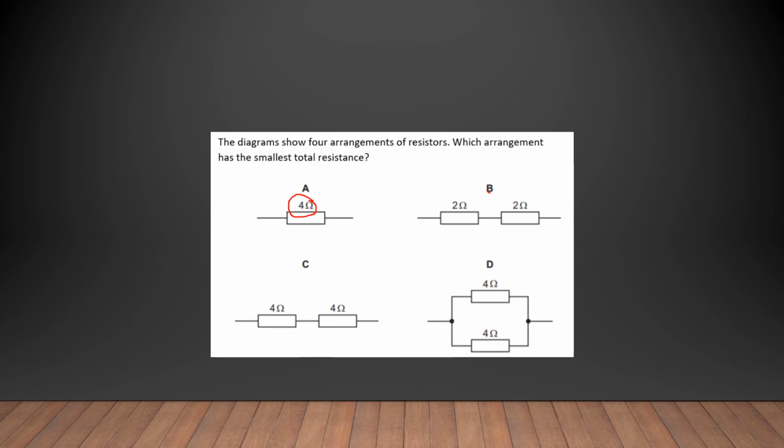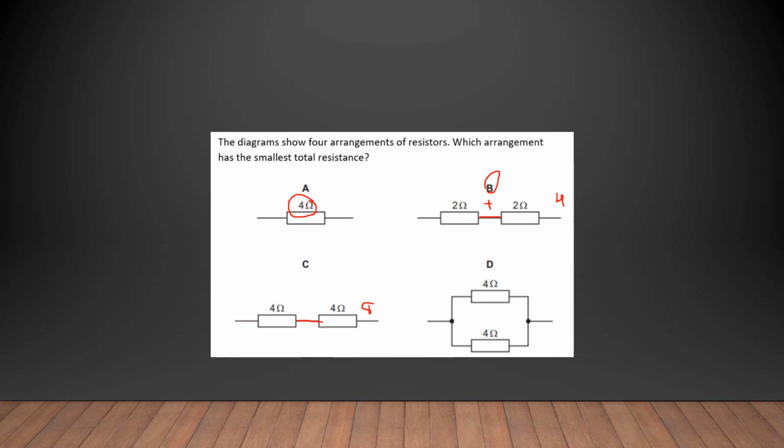In option B, we have two resistors, 2 ohm and 2 ohm, connected in series. So R1 plus R2, 2 ohm plus 2 ohm, the total resistance is 4. Then here also two resistors are connected in series, 4 ohm plus 4 ohm, it is 8.